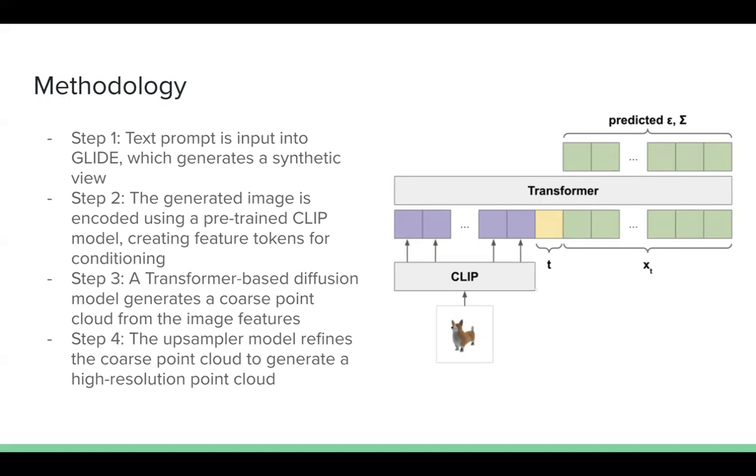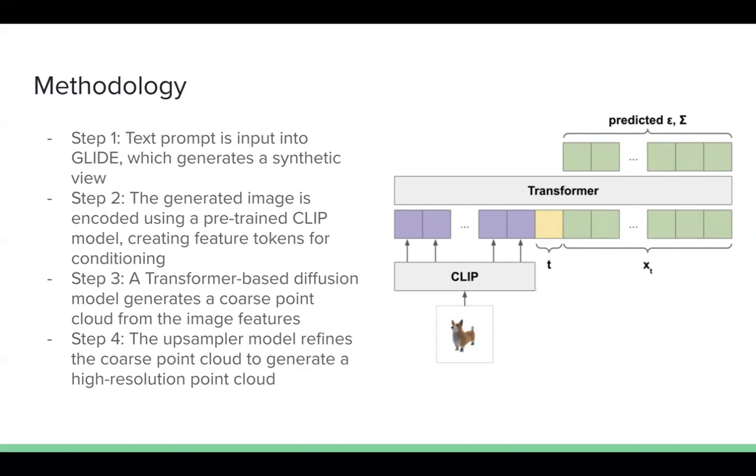Additionally, an upsampler model, also transformer-based, refines the initial low-resolution point cloud from 1,024 points to a high-resolution version of 4,096 points. So let's break down the workflow into specific steps. Step 1. The text prompt is processed by GLIDE, generating a synthetic 2D image.